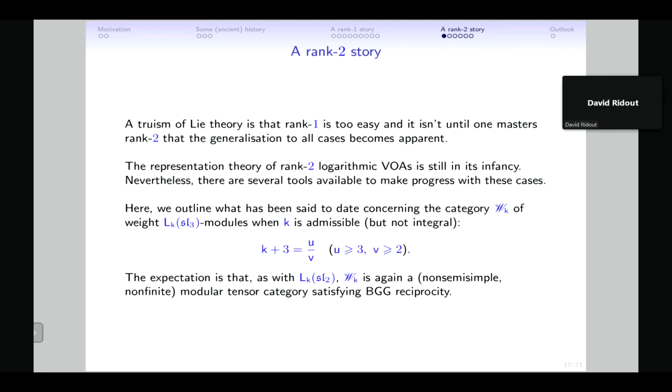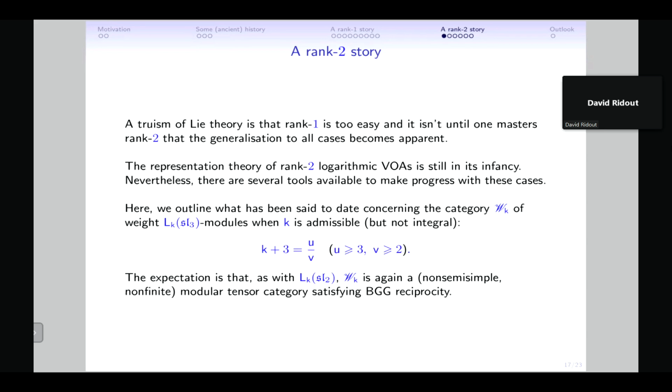And so in that case, if you're doing inverse Hamiltonian reduction to understand the SL3 theory, you start from the minimal W algebra, and then you invert the reduction in order to build up all of these logarithmic structures, this complication. Now, when V is at least 3, you have to start from the principal reduction, or the regular reduction, which is the W3 algebra. And again, because it's a non-degenerate admissible level, that thing is rational.